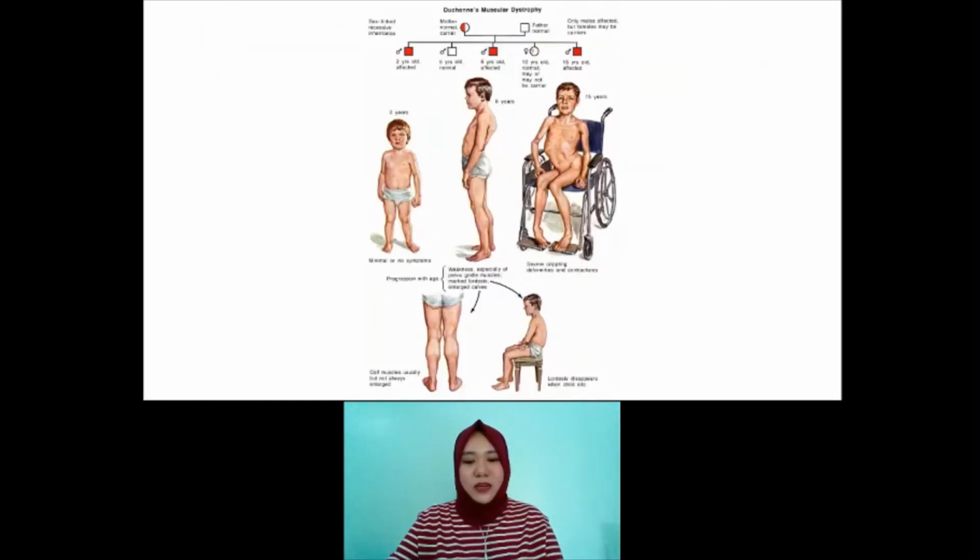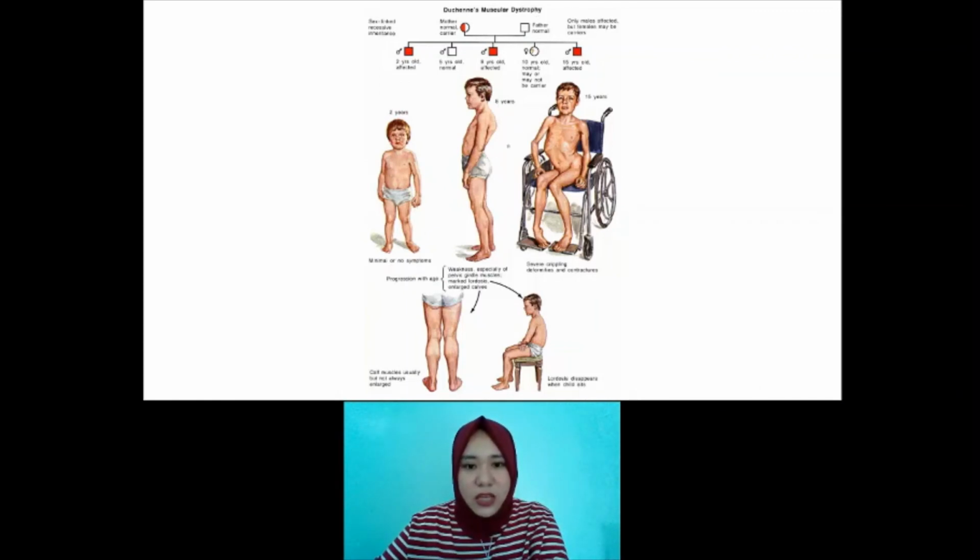Okay, so this is an illustration of a child with DMD, starting from an early age until the onset of the disorder. From 2 years of age, you won't notice any difference, minimal or no symptoms at all.